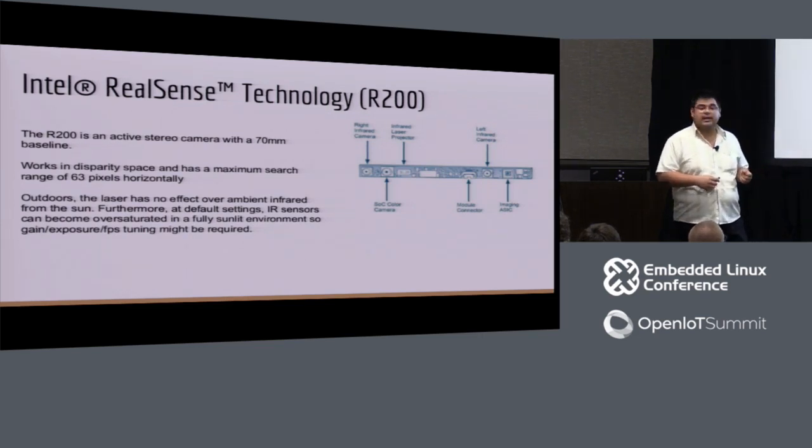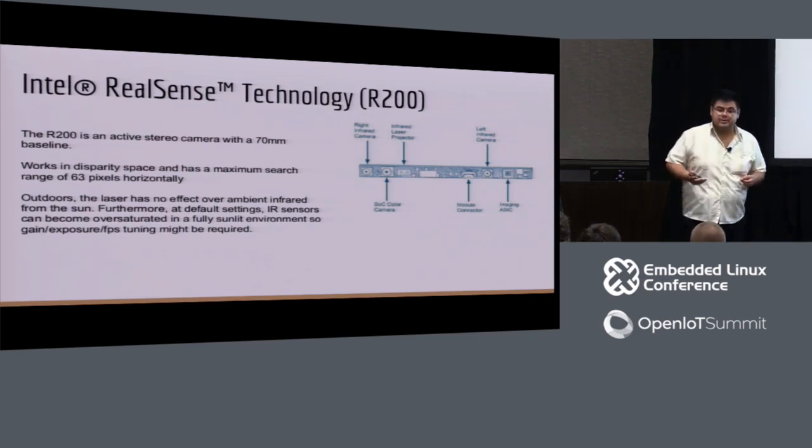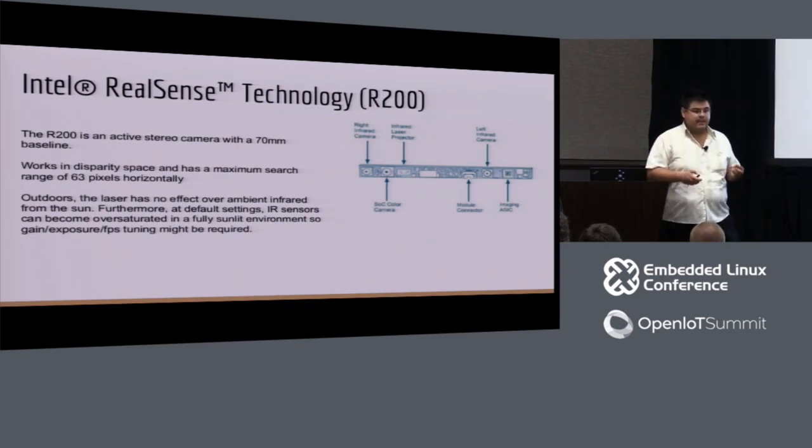This camera could also be used outdoors. As you know, the Kinect has one limitation. If we put the Kinect outside, the IR from the sunlight oversaturates the sensor.